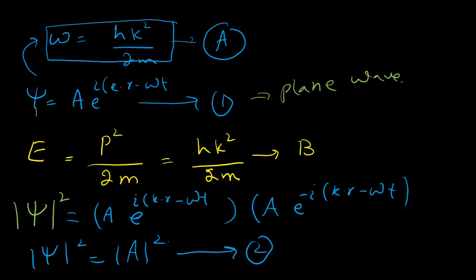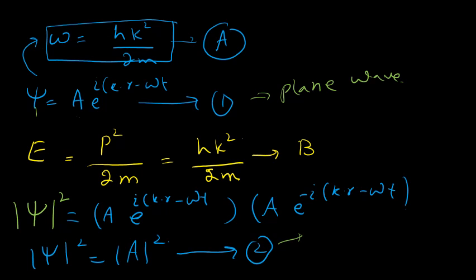So a plane wave of this type represents a particle whose probability of presence is uniform throughout all the space. That's a problem: how can we find the particle all over the space?